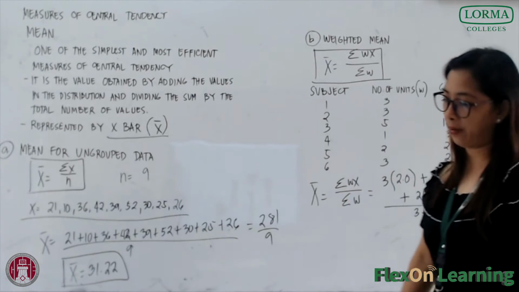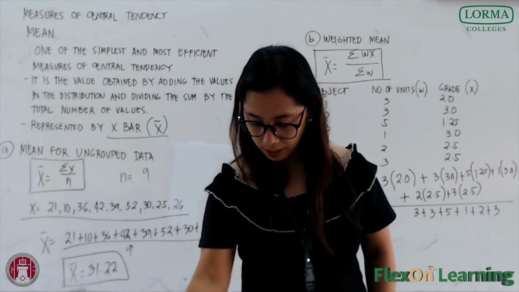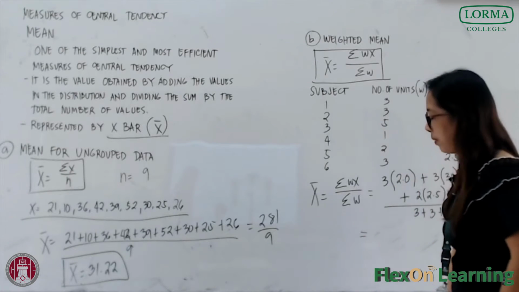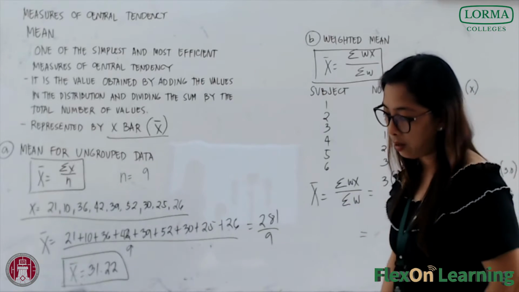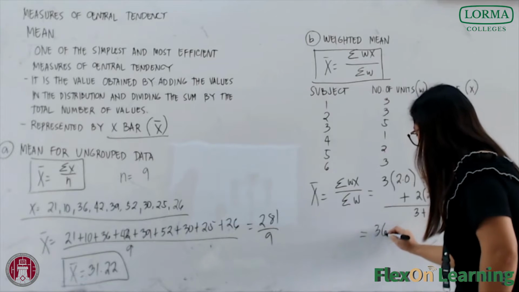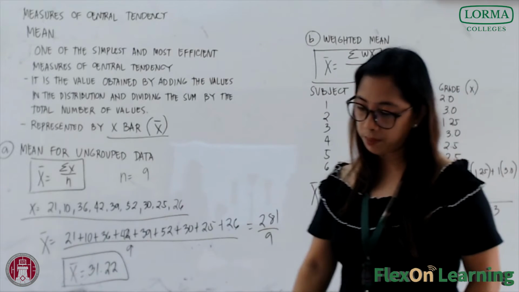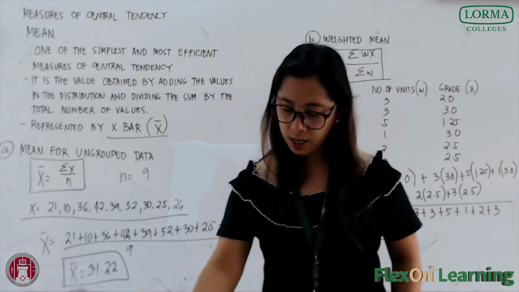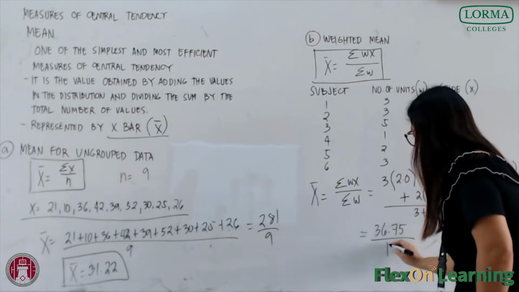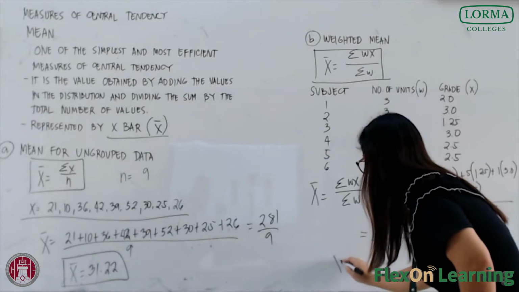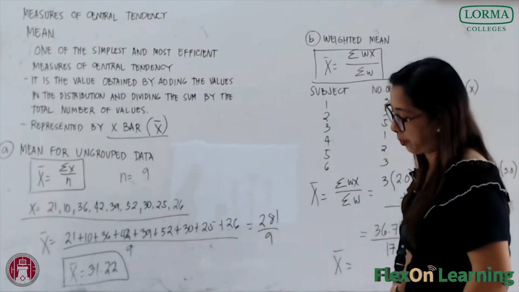Let's have the values now. We have 36.75 for our summation of WX, divided by the summation of our W, which is 17. Again, kindly check if I wrote something wrong and you can inform me.